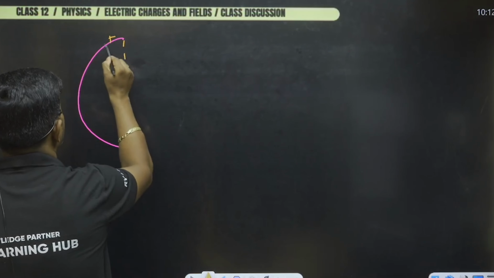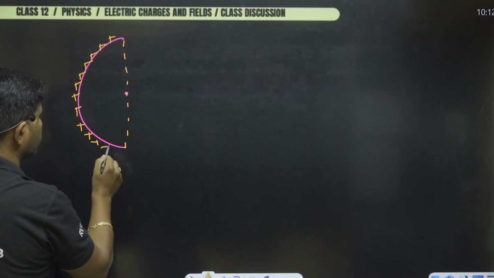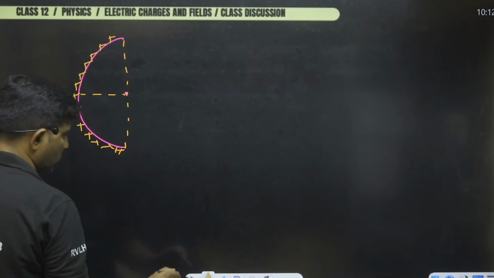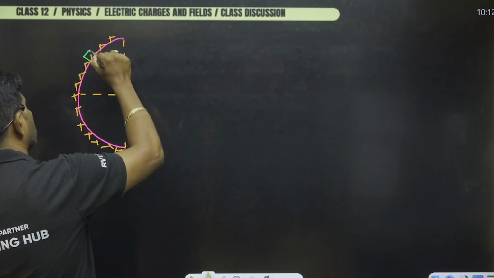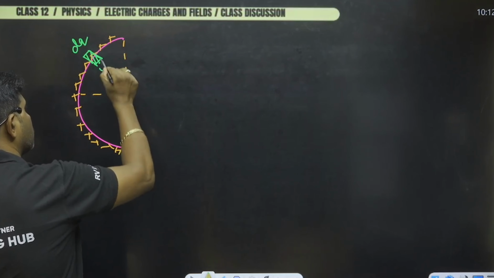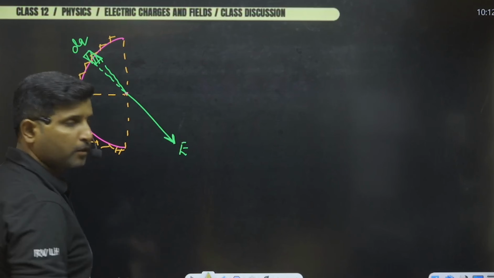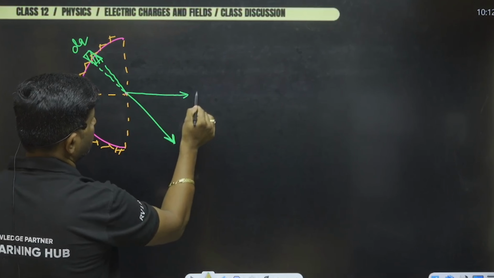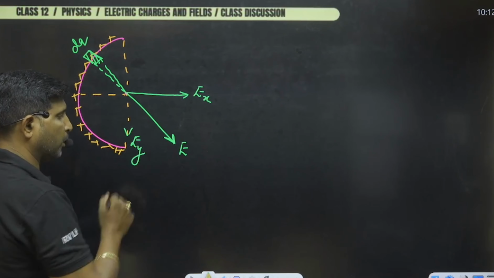So let us say this has been given a charge here. Observe this. Whenever we consider a small element in the upper side having the charge dq, this charge will produce a field like this. So we resolve it into two components, one along the x component and the other along the y component.